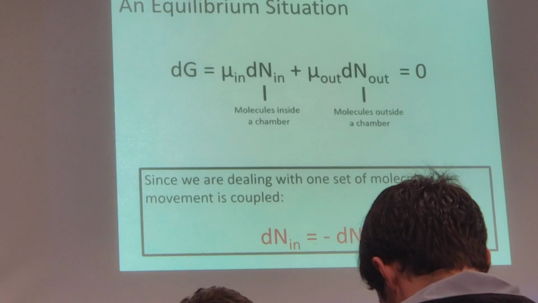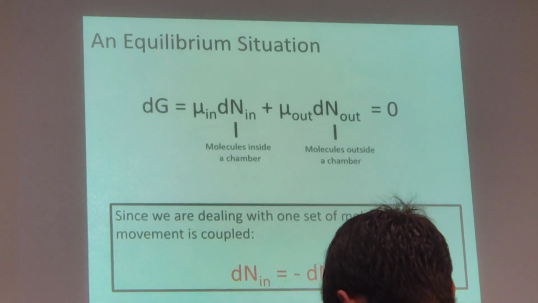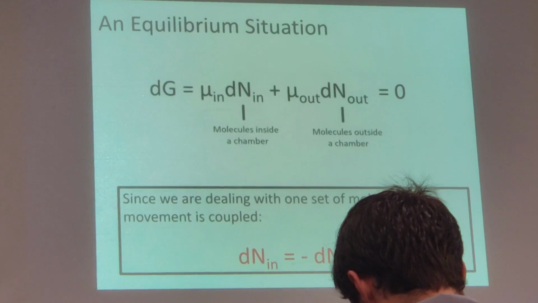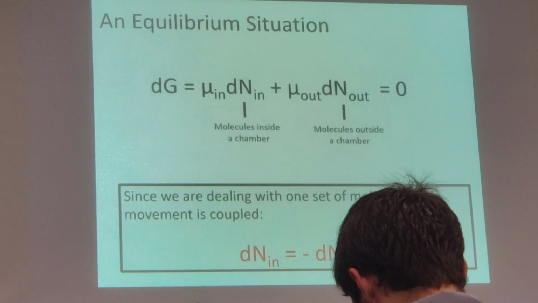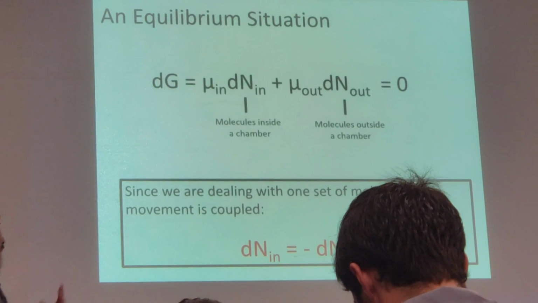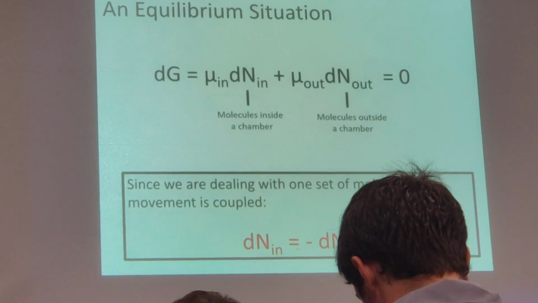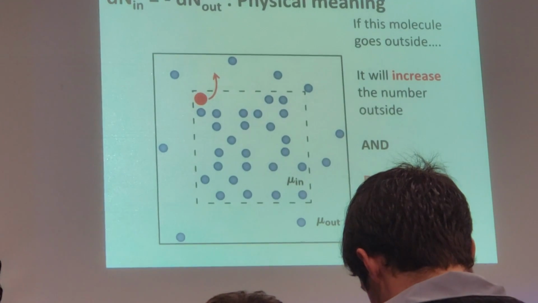So why do I so confidently say that the number of molecules changing going in is equal to the negative of the number going back out? It's a closed system. If I move something from out to in, it's the negative when dealing with in to out.